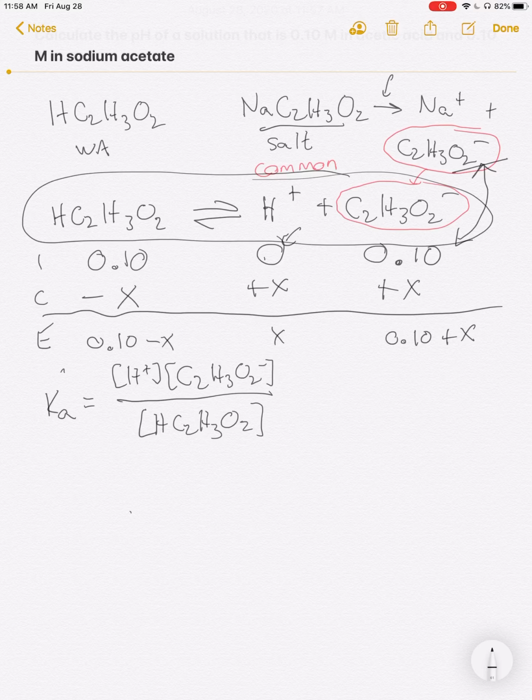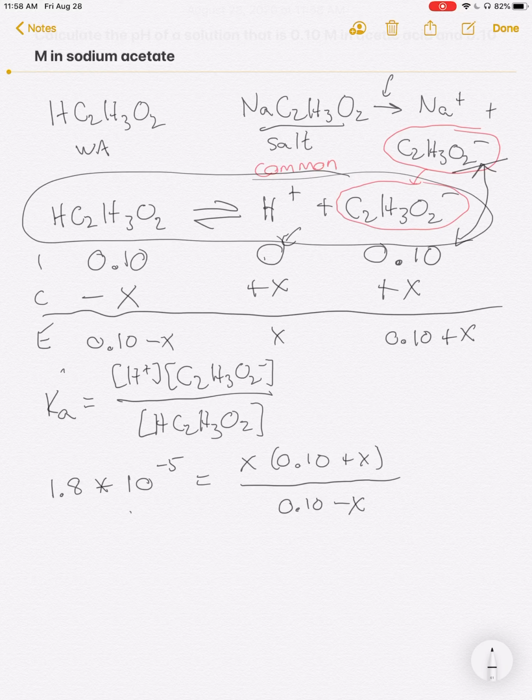And from our data table, we know that the Ka of the acetic acid is 1.8 times 10 to the negative 5. And at equilibrium, our H plus is going to be X. Our acetate ion is going to be 0.10 plus X. And our acetic acid will be 0.10 minus X.